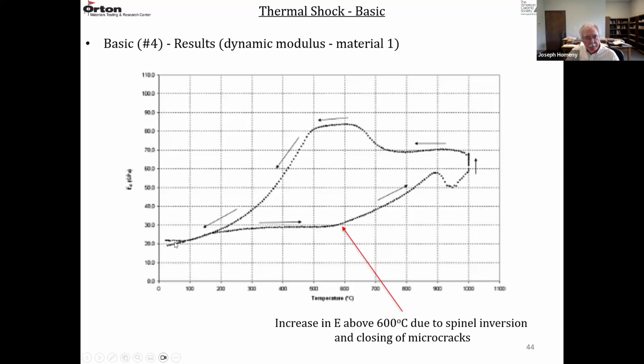They don't give a great explanation on some of this, but there's an increase in E above 600 degrees C. And I think that's primarily because microcracks are closing. The spinel structure also has an inversion in that temperature range. So there's a normal spinel and an inverted spinel. So probably, because of microcracks closing, the modulus goes up.